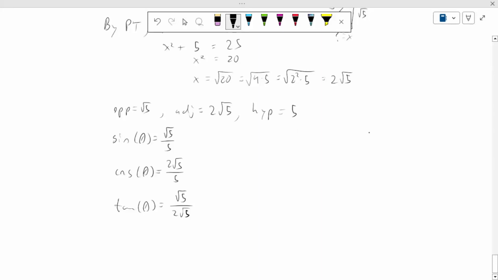Here I have a square root of 5 in the numerator and denominator, common factors, so they cancel to 1. My numerator is now 1, and my denominator still has a 2, so it's 1/2. There's my tangent of theta. Any questions on that?